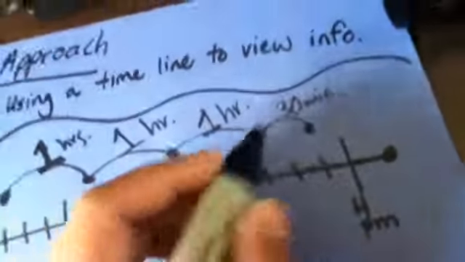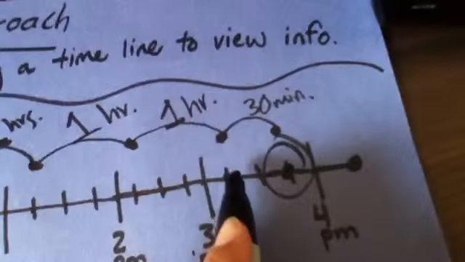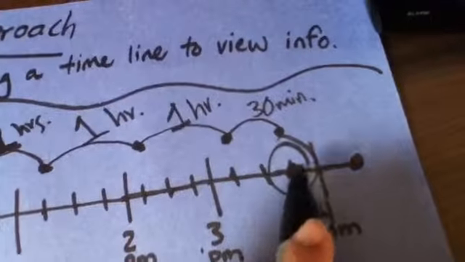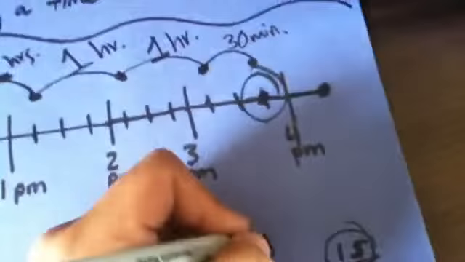Okay, so now looking at our timeline, and every line is 15 minutes, we can see 3:15, 3:30, 3:45. Okay, that's where our dot ended, right here. So it's before 4 o'clock, it's after 3 p.m., and we went 15, 30, 45, so we know that it is 3:45 p.m.